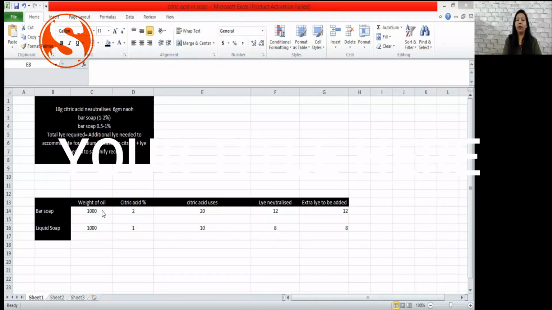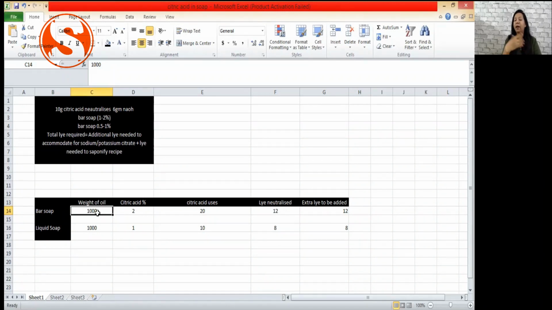Let's look at the calculation of how you need to adjust your formula. For a bar soap, ideally you can use 1 to 2% of citric acid. I'm taking 2% since it's a weaker chelator. For liquid soaps, anywhere between 0.5 to 1%. When I say 2% citric acid, that means 2% of your weight of oil.